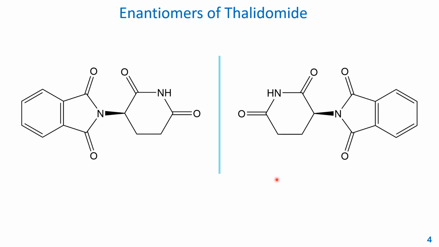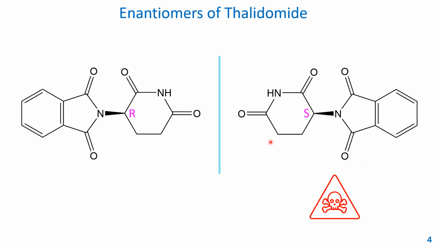But it caused big trouble for the babies, and that's why it was discontinued quickly after people found the birth defects. It turns out this is a pair of enantiomers: this is the R enantiomer, and this is the S enantiomer. That's the absolute configuration of this asymmetric center. The S enantiomer is the toxic one. So this was actually a disaster in history.